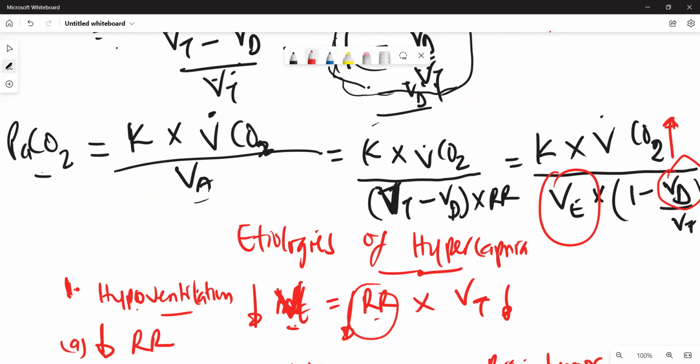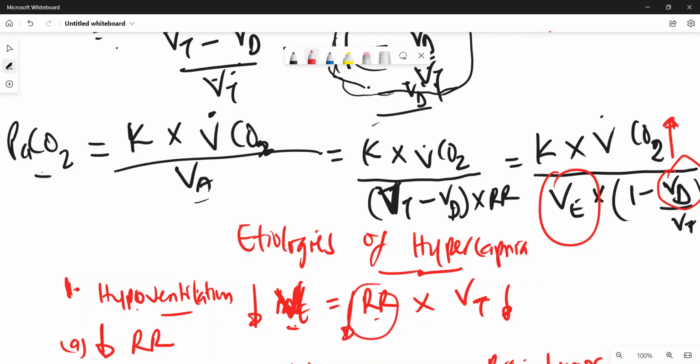So in summary, hypercapnic respiratory failure by definition is PaCO2 more than 45, or pH less than 7.35, because anytime we have increased PaCO2, that will decrease the pH. And after we say that, we have to determine: is it acute hypercapnic respiratory failure, is it chronic, or is it acute on chronic?